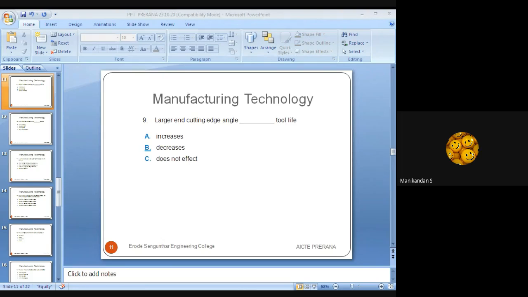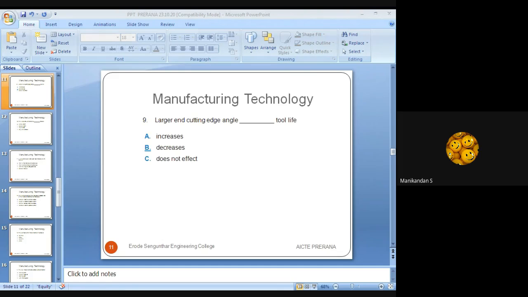If the end cutting angle increases, it simultaneously decreases the lip angle or wedge angle of the tool.